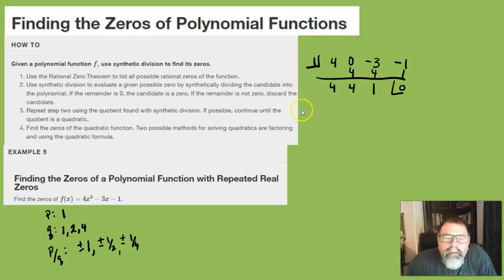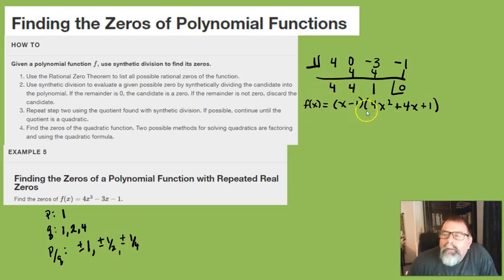So we know that our polynomial now is f of x is equal to x minus 1. And then this is x squared, because x cubed divided by x gets me x squared. So 4x squared plus 4x plus 1. So I can continue this process by looking to see if 1 would work again.